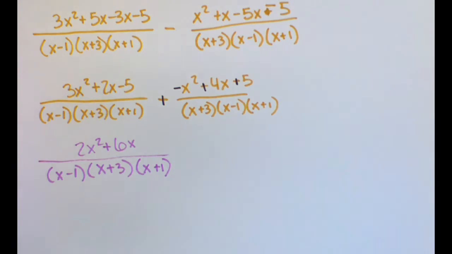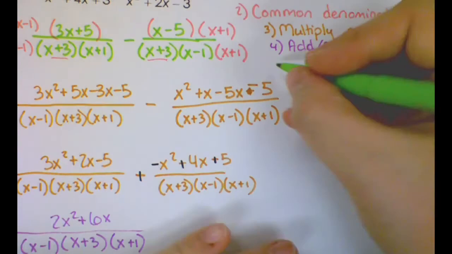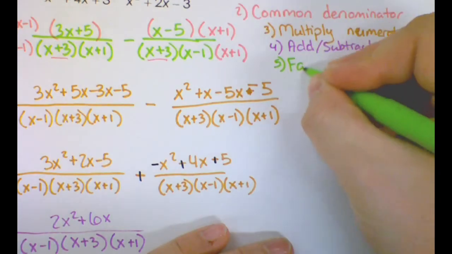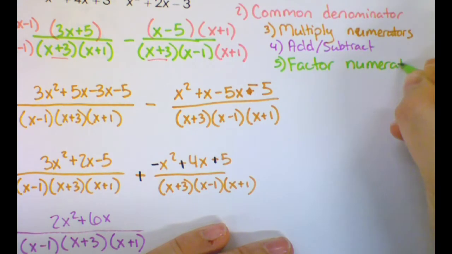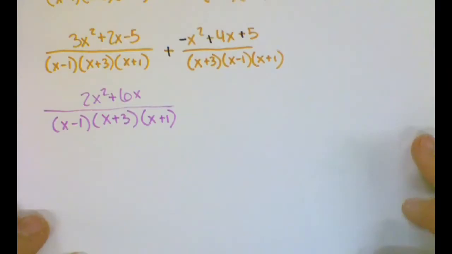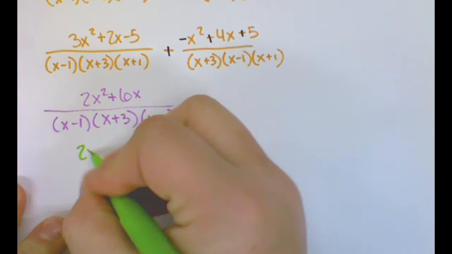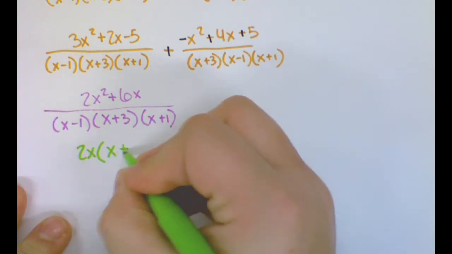All right, we are in the home stretch now. Now is when we'll factor the numerator. I can take a 2x out of both of those, leaving me an x plus 3.